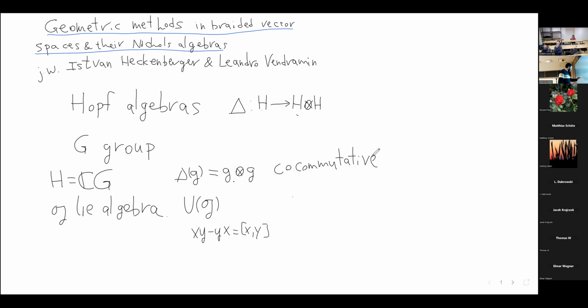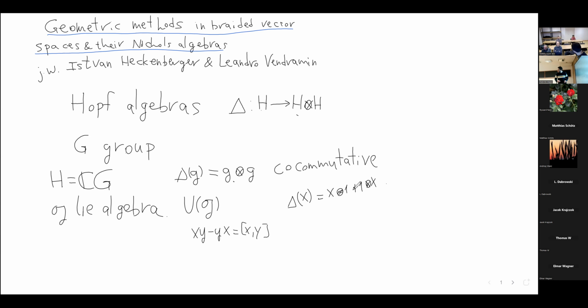How does the coproduct look here? Here I still have a diagonal action, given basically by the Leibniz rule. So delta of x is x tensor 1 plus 1 tensor x. And again, you can see that this is co-commutative in the sense that the order doesn't matter.